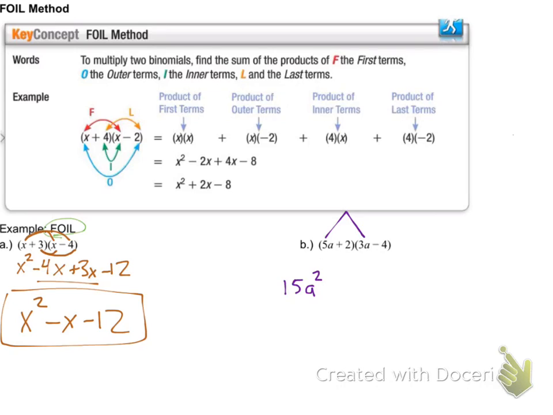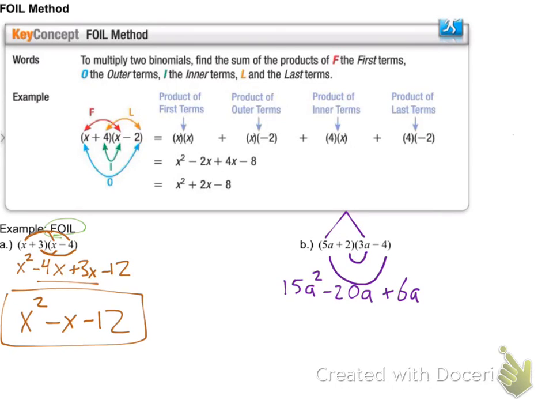Outside. Outsides. 5a times negative 4 is negative 20a. Inside, which is plus 6a.